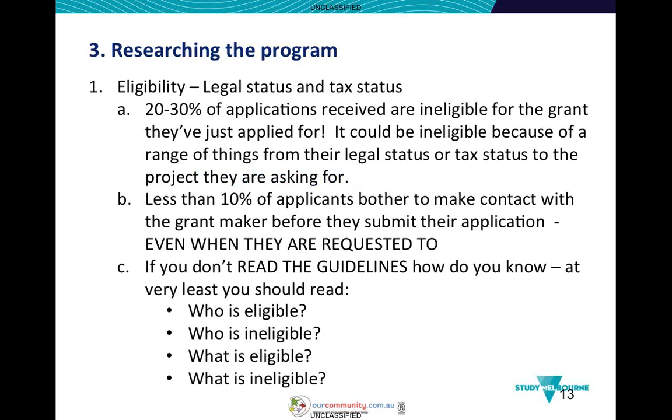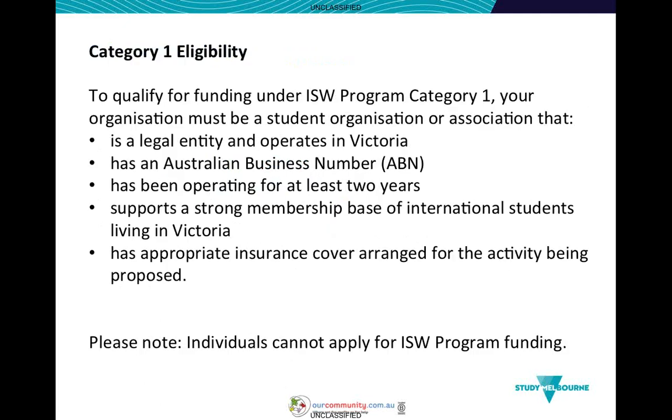Now, for many of us, there are some alternatives if you find you're not eligible, and I'll just give you an example. Category 1 eligibility, very particularly, is you need to ensure that you're a student organisation or an association. So if you're an individual, you can't apply for Category 1. However, you can work with a student organisation or association to apply for the activity.